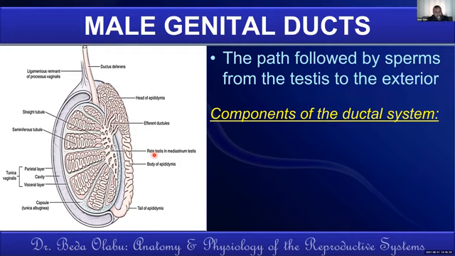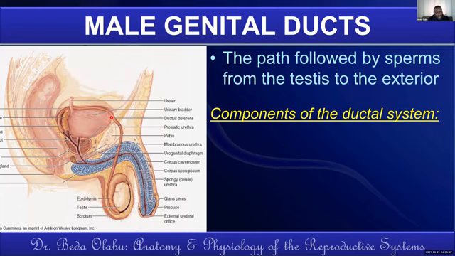From the rete testis, there are channels which take sperms to the epididymis, and we call them the efferent ductules. So we started from seminiferous tubules, then went to the straight tubule, then to the rete testis, and now to the efferent ductules. From the efferent ductules, sperms go to the epididymis.